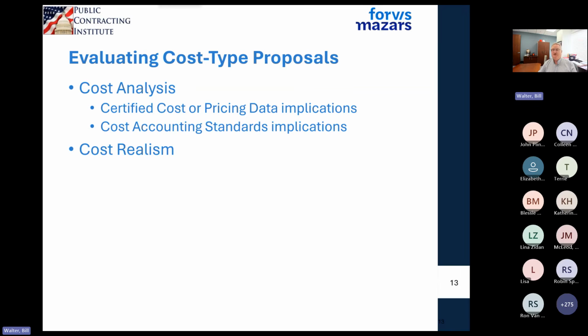So if you have for history a 15% G&A rate each year, and you're proposing a 5% G&A rate on this competitive cost type contract, the government's going to take a look at that and probably say, they're proposing a rate lower than their historical average. They haven't given us a really good explanation. So they're going to increase your evaluated price to compare against the other bidders.